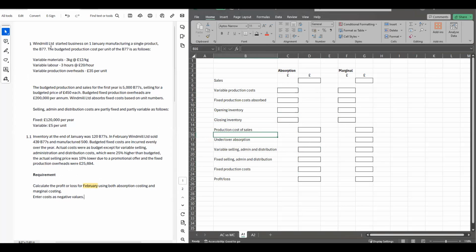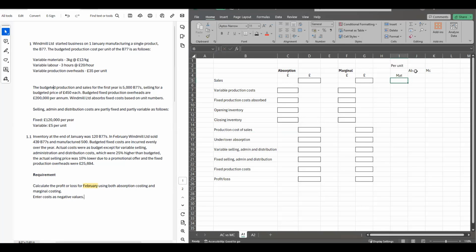So reading the question, Windmill started business on the 1st of January, manufacturing a single product, the B77. The budgeted production cost per unit of B77 is as follows: variable materials, variable labor, and variable production overheads. So this is almost a working that you need to set up, with a column for both costing methods to arrive at a per unit cost under the two methods.